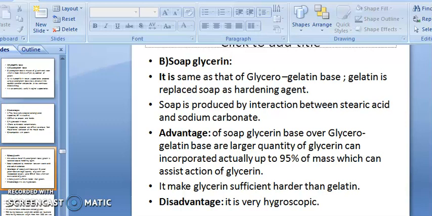It also makes the base sufficiently harder than the gelatin base. Disadvantage: it is very hygroscopic, more hygroscopic in nature compared to glycerogelatin base.